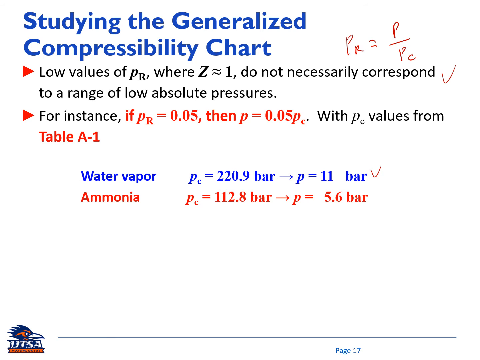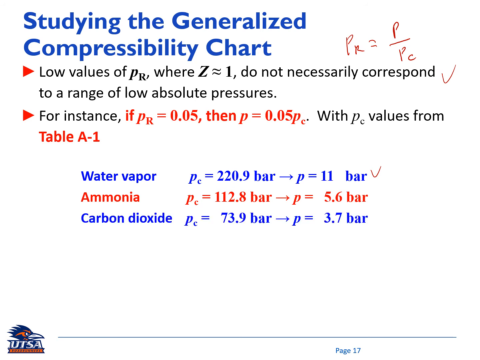Then go to ammonia. From Table A1, ammonia has PC of 112.8 bar. So here I have 5.6 bar operating pressure with PR equal to 0.05. PR looks low there, 0.05, but P is still some number, 5.6 bar.